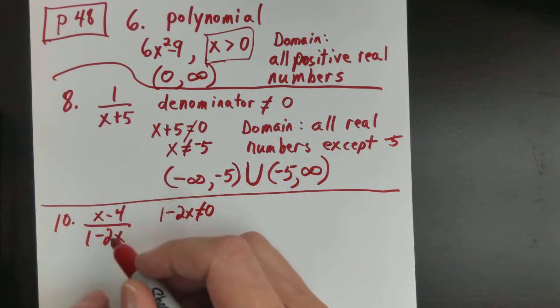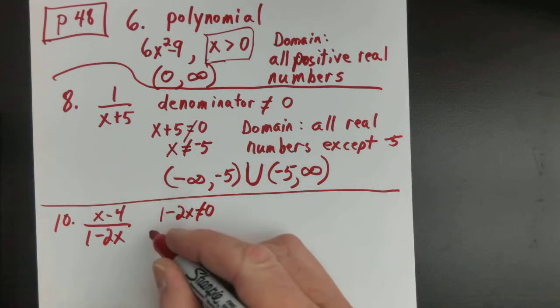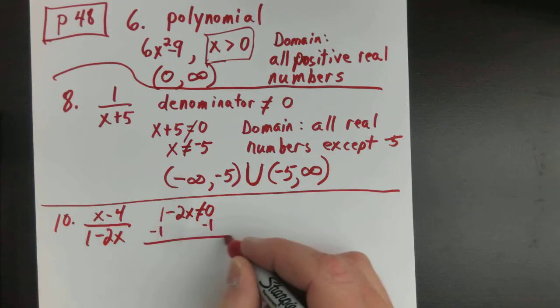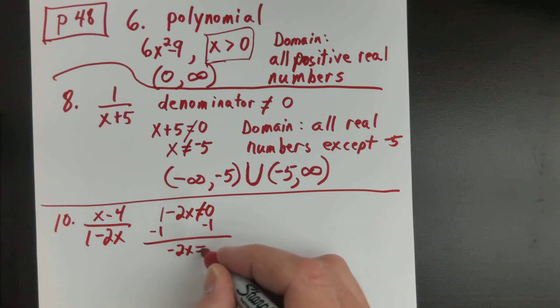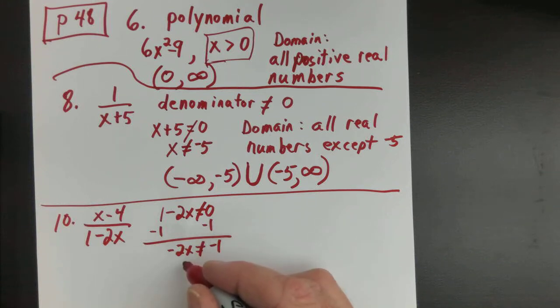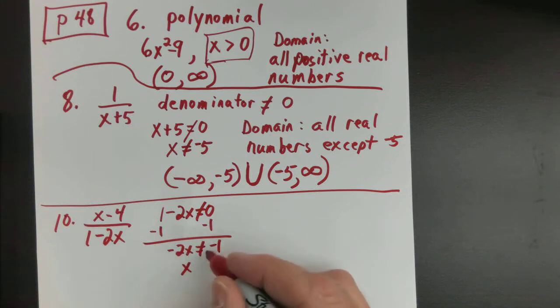You cannot divide by 0, so that's just an undefined function, so that's going to affect our domain. So I've got negative 2x is going to not equal negative 1. Then when I divide by negative 2, x is not going to be 1/2.